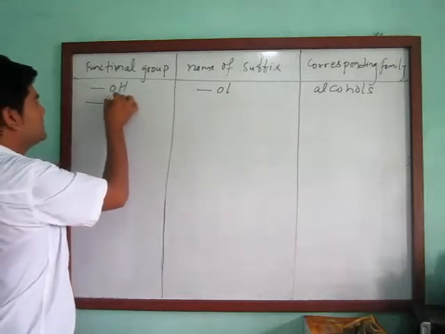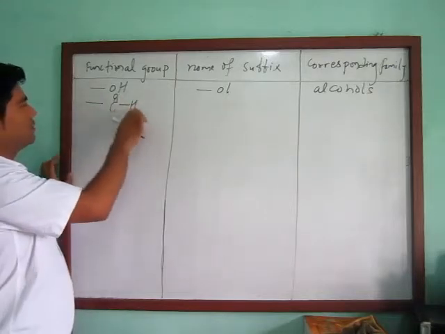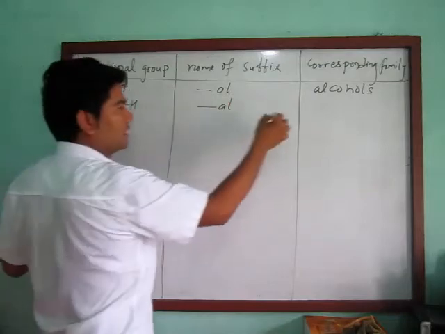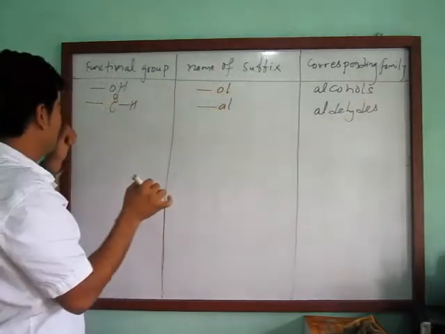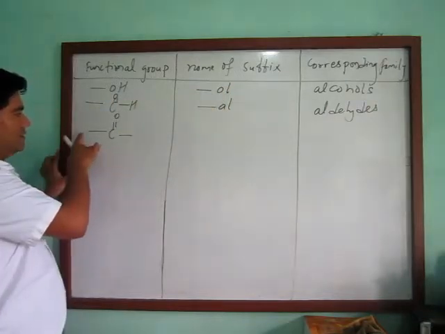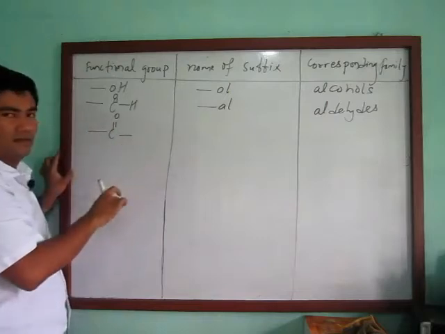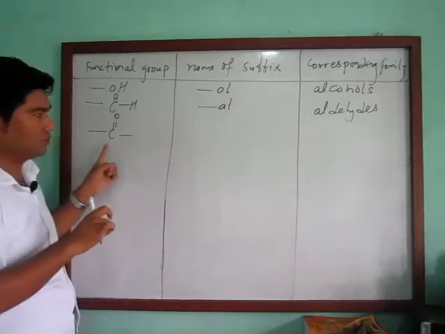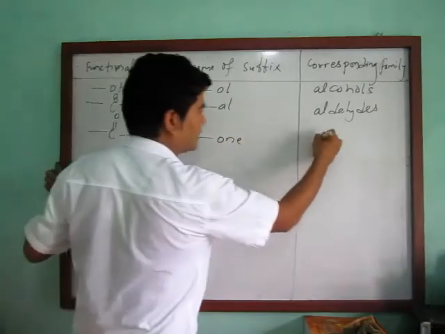Similarly, if there is C double bond OH, have you seen clearly here, we should use AL for this type of functional group, and this comes under aldehydes. Similarly, if there is R on both sides, an alkyl group, here is R and here is also R, then that compound would be a ketone, and we should use ONE suffix for the ketones.